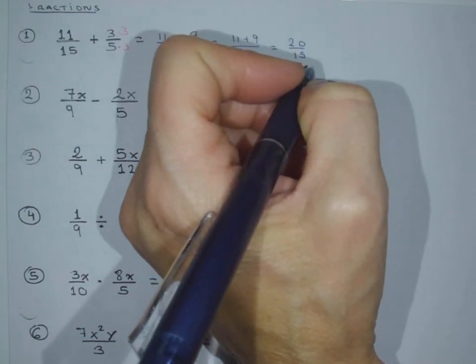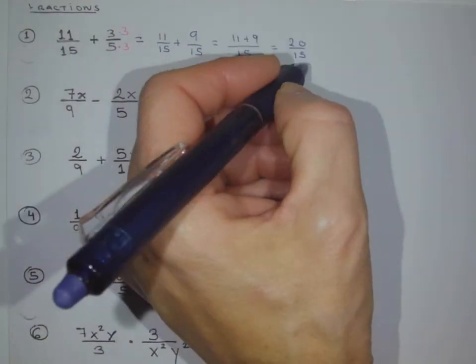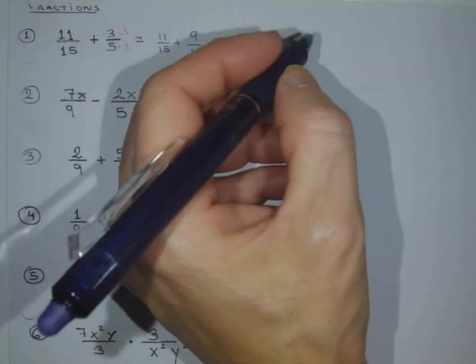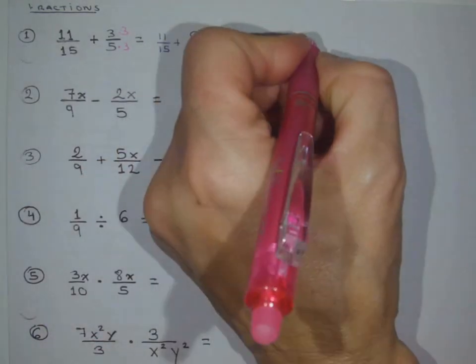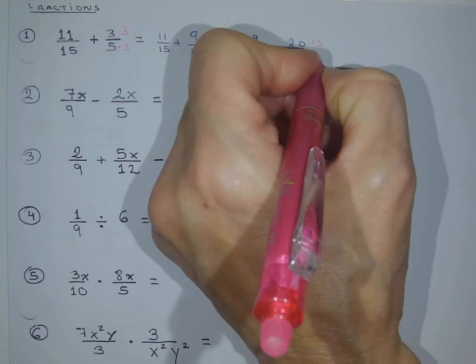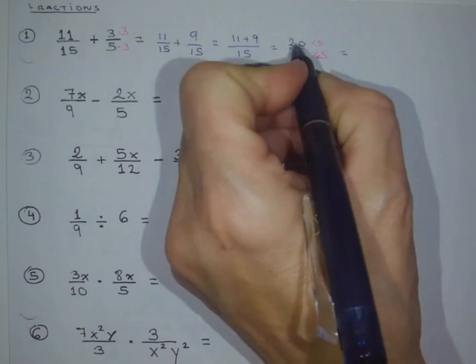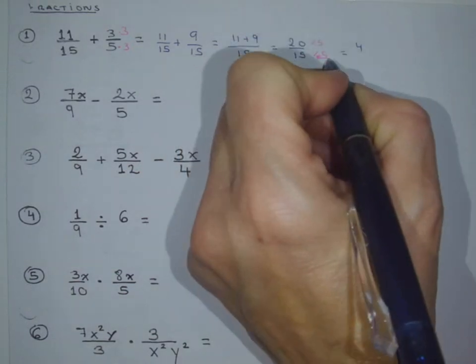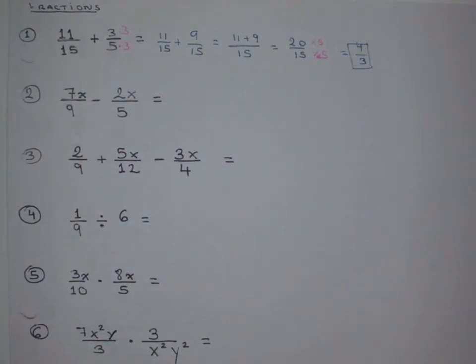And then we always need to simplify our fractions. And 20 over 15, both of those can be divided by 5, right? Let's write that down on the side here. I can divide by 5 on both of those, and so when I do that, I will get 20 divided by 5 is 4, and 15 divided by 5 is 3, so that will be my answer, 4 over 3.